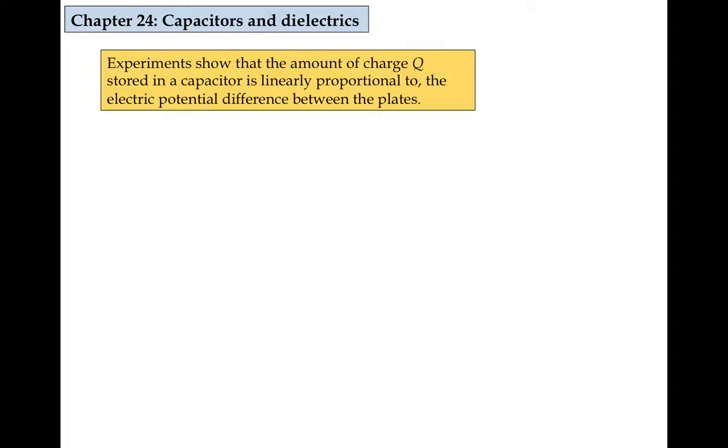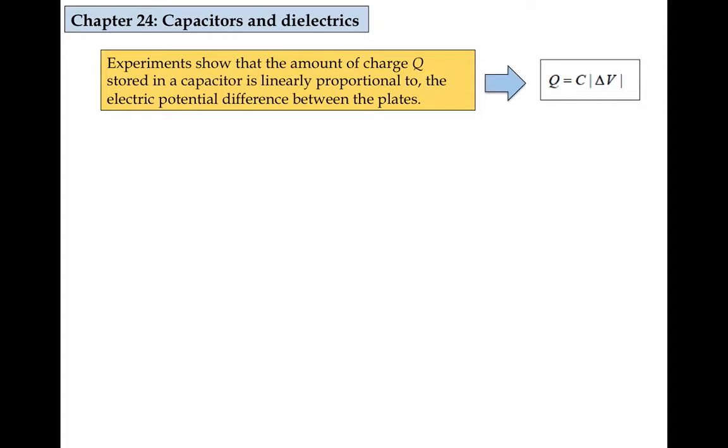We've looked at the three different types, and the capacitance of a capacitor is determined by looking at the relationship between Q and V. The relationship between Q and the voltage drop is linear, so Q is linearly proportional to V, and the constant of proportionality, or the slope of the graph of Q versus V, is equal to C, some constant value, which is called the capacitance of the capacitor.